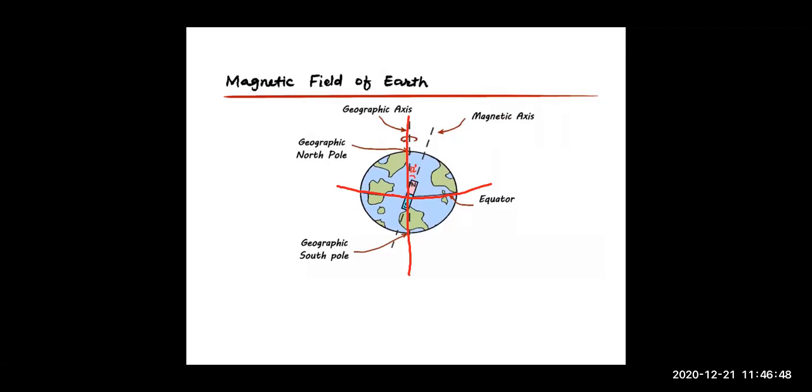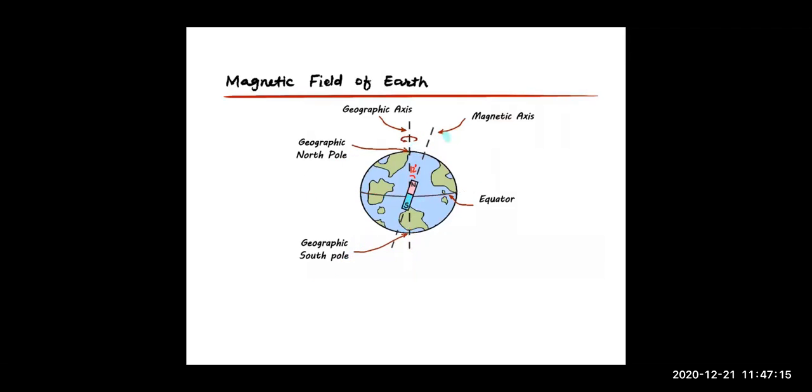Along the geographic axis, there are two poles, the geographic North Pole and geographic South Pole. The north and south of Earth are defined using the geographic North Pole and geographic South Pole.